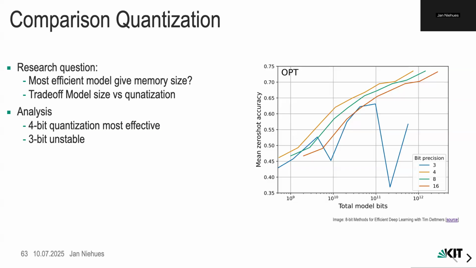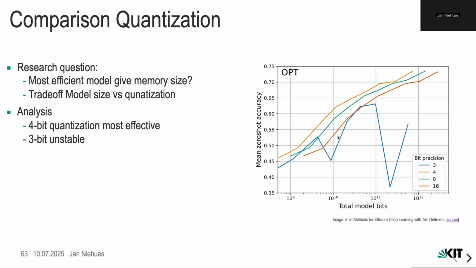And here, for one model called OPT, they computed the mean zero-shot accuracy over a lot of benchmarks. What you see is, at least for these, 4-bit is typically a very good trade-off. So if you want to use a model, a good way is to do 4-bit quantization and then use the largest model that somehow fits into your memory.